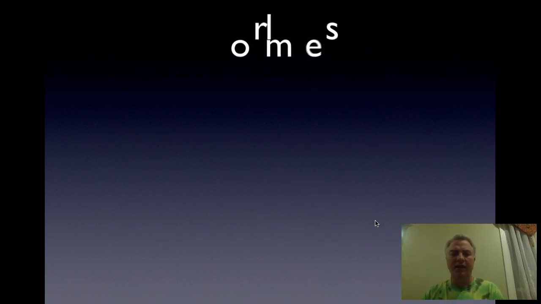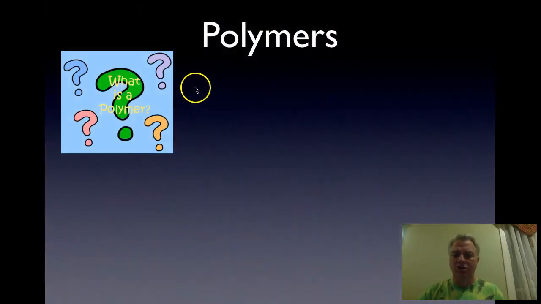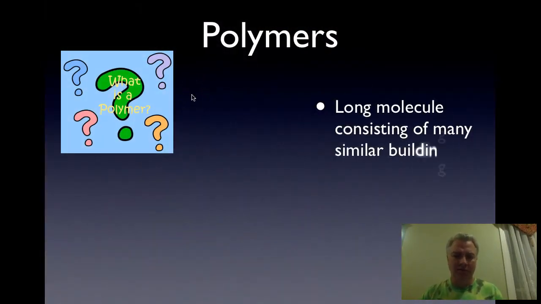Before we get into those, though, we need to talk about what a polymer is. A polymer is just a long chain of repeating subunits. It's a long molecule consisting of many similar building blocks or repeating subunits. When we talk about these four groups, three of the four we would consider polymers.